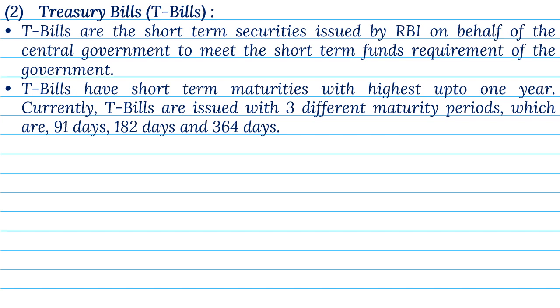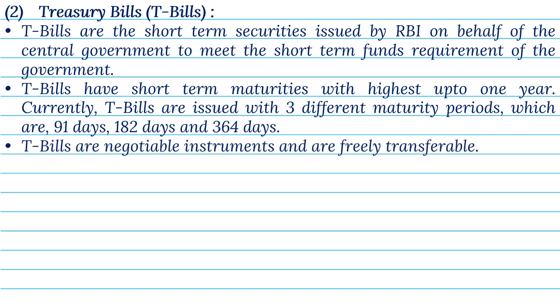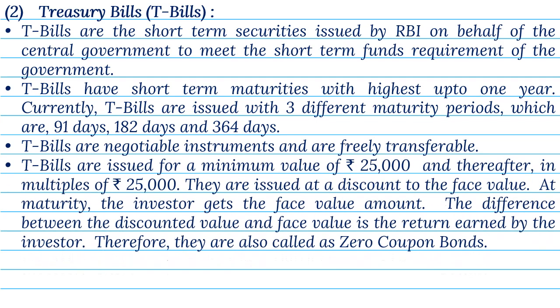Currently, T-bills are issued with 3 different maturity periods, which are 91 days, 182 days, and 364 days. T-bills are negotiable instruments and are freely transferable. T-bills are issued for a minimum value of rupees 25,000 and thereafter in multiples of rupees 25,000. They are issued at a discount to the face value.